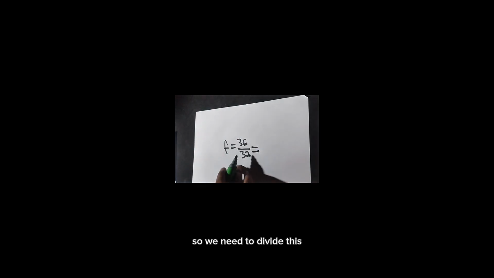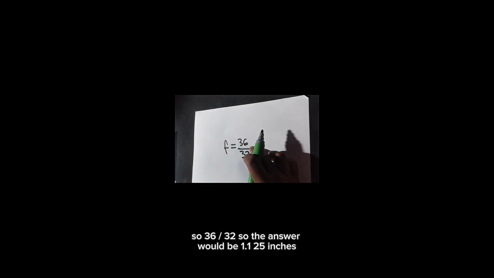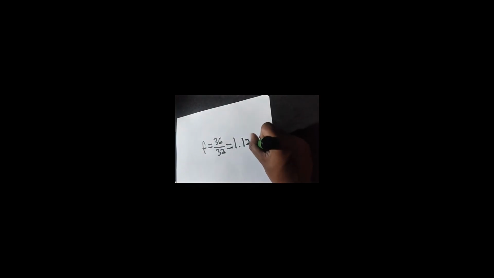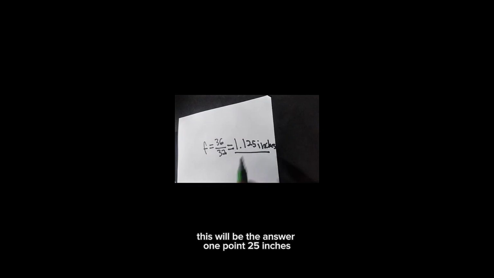So we need to divide this. 36 divided by 32, the answer would be 1.125 inches. This will be the answer, 1.125 inches. So the focal length is 1.125 inches.